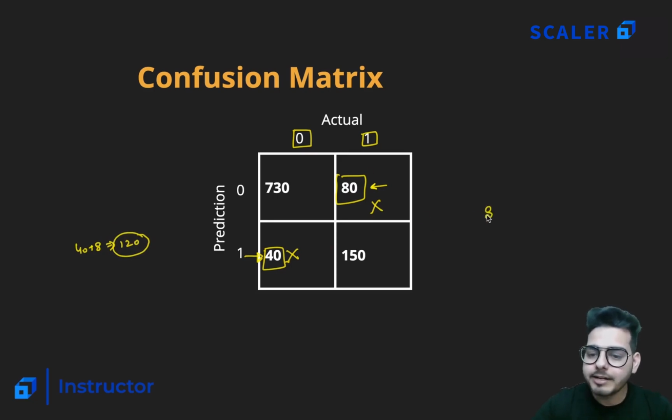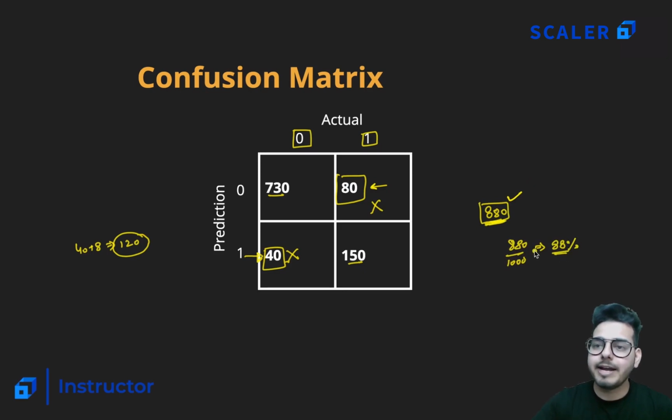And for 880 employees, 730 plus 150, the model is giving the correct prediction. Hence the accuracy of the model is 880 divided by 1000, that is 88%, and the error would be 12%.